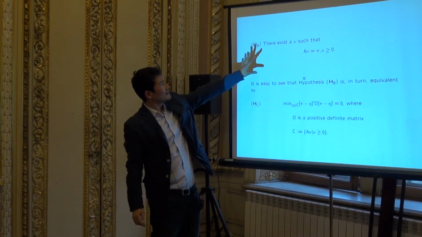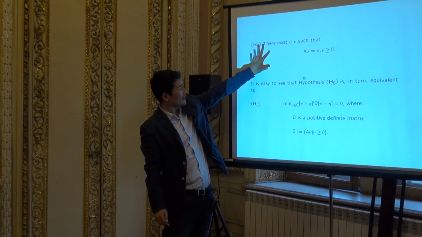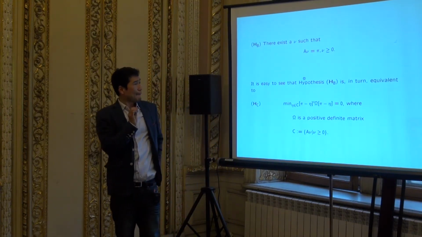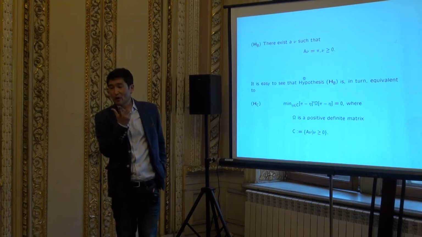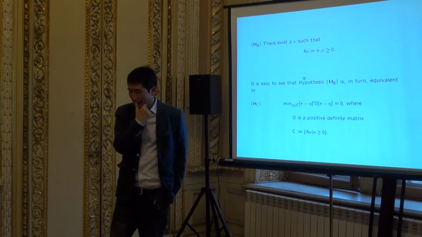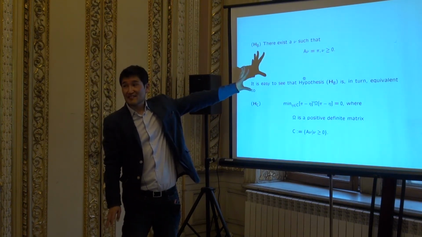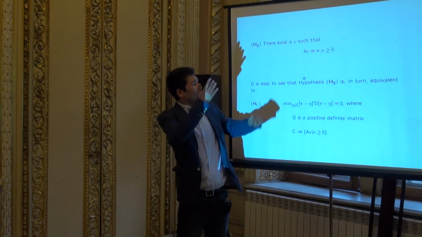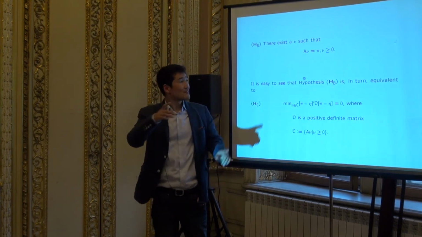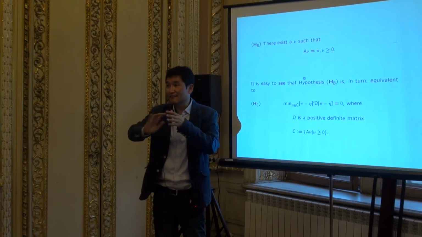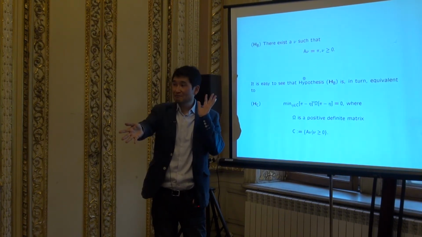That's nice, because then, with a little bit of geometry, A has a bunch of columns, and A times nu is the weighted average of columns.